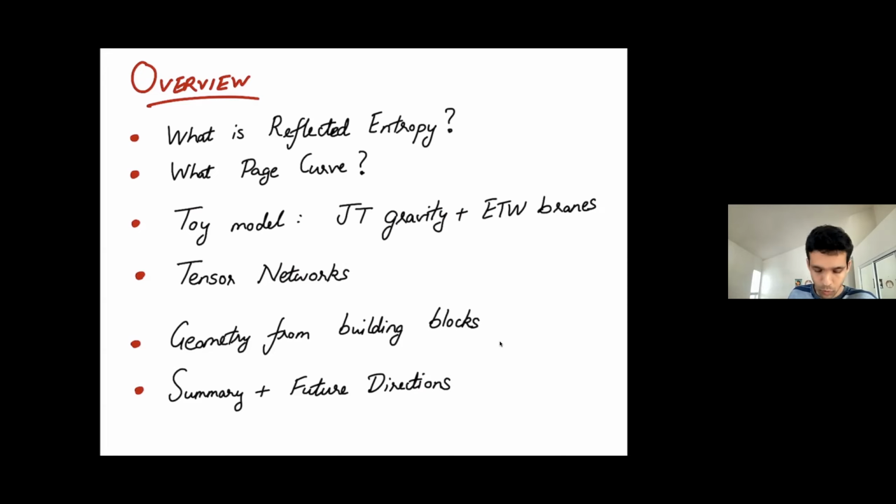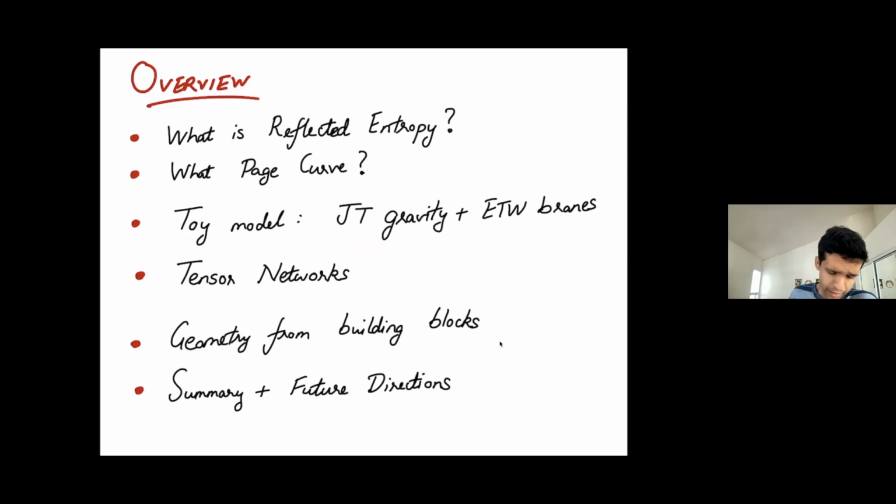I'll do so particularly in a toy model of Jackiw-Teitelboim gravity coupled to end-of-the-world branes. This is a model that was used to understand the Page curve for entanglement entropy, and it's colloquially called the West Coast model. And this model will also turn out to be a good tool to understand the reflected entropy Page curve.